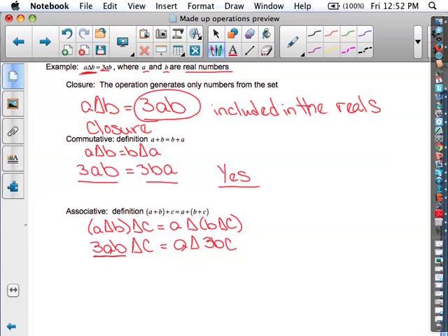3AB on the left-hand side is my first element. That sometimes can be difficult to see. 3AB is the first element. So when I perform the operation delta, the result is 3 times the first element, 3AB, times the second element, C. On the right-hand side, the second element is 3BC.